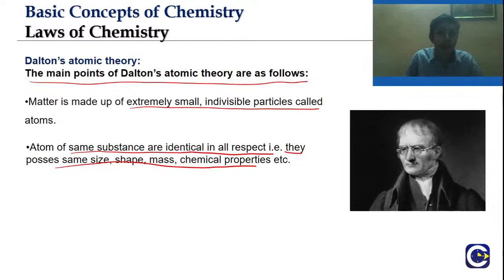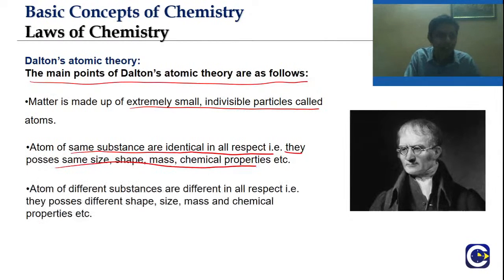If you consider one particular element, it will always have atoms which are identical. They have the same size, shape, mass, and chemical properties. Since you have already mastered inorganic chemistry, you already know all of this, isn't it? Third one: atoms of different substances are different in all respects.